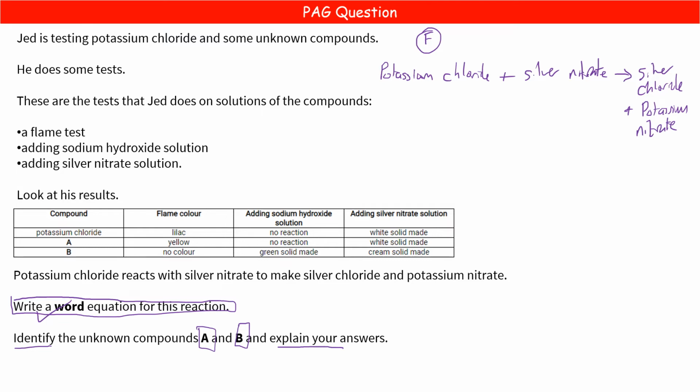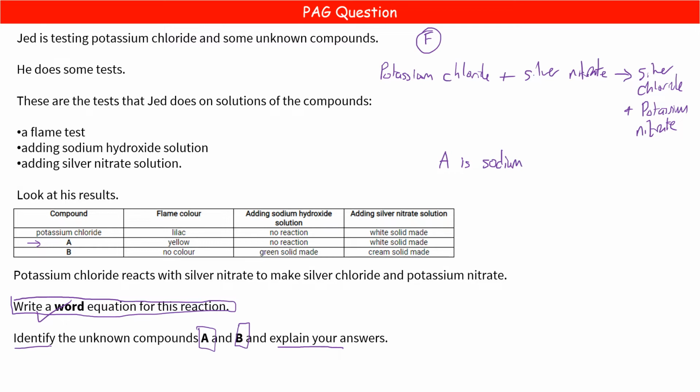Next, we've got to identify the unknown compounds A and B and explain the answers that we've got there. Let's have a look at compound A first of all. The flame test colour is yellow. So in terms of compound A, if it's a yellow flame test colour, that's going to be sodium. So we can start by writing sodium.